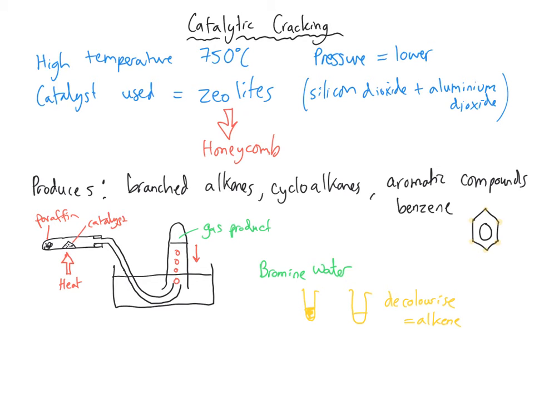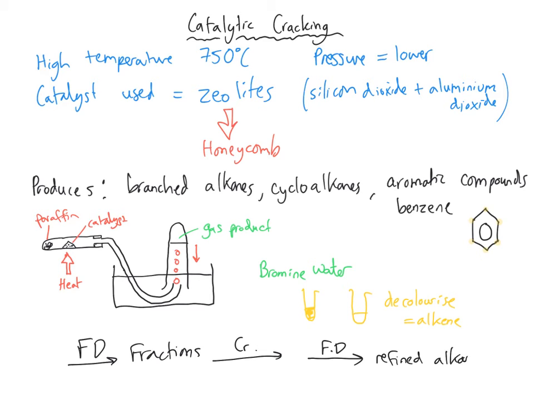Last of all, I should say that both methods of cracking produce mixtures of products, and these mixtures of products that are made are then separated by fractional distillation again. So you end up with fractional distillation in the first place to make your different fractions, and then you crack the fractions, and then you end up with a smaller range of products, but then you'll fractionally distill them again, and you'll end up with far more refined alkanes or alkenes.